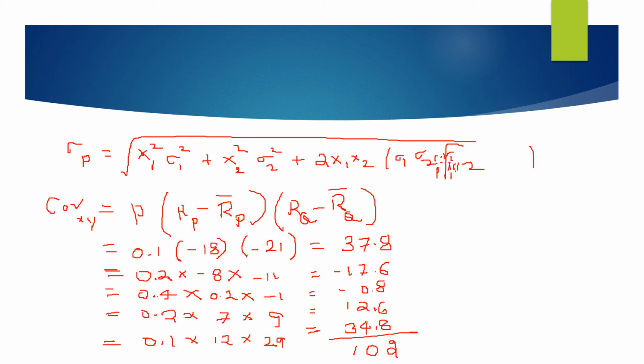So to substitute the values here, first you have to find out r. r is nothing but the coefficient of correlation. We are not given any value of r here, so we have to find it out. Covariance of xy is equal to p into (rp minus r bar p) into (rq minus r bar q). This is the formula for finding the covariance. Once you find the covariance, you are going to get the r value.